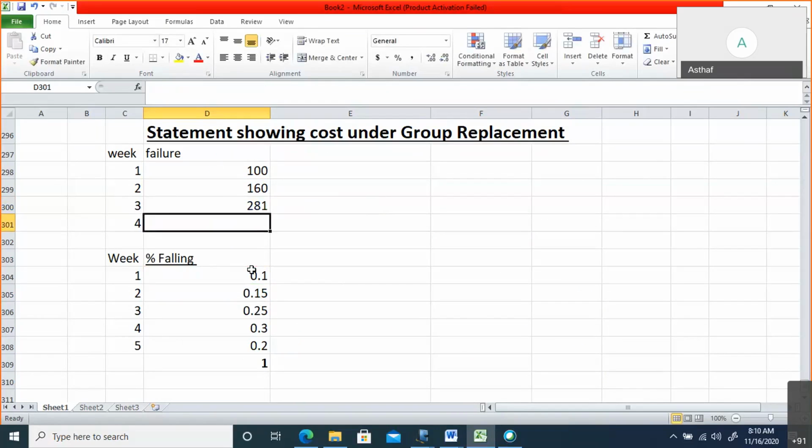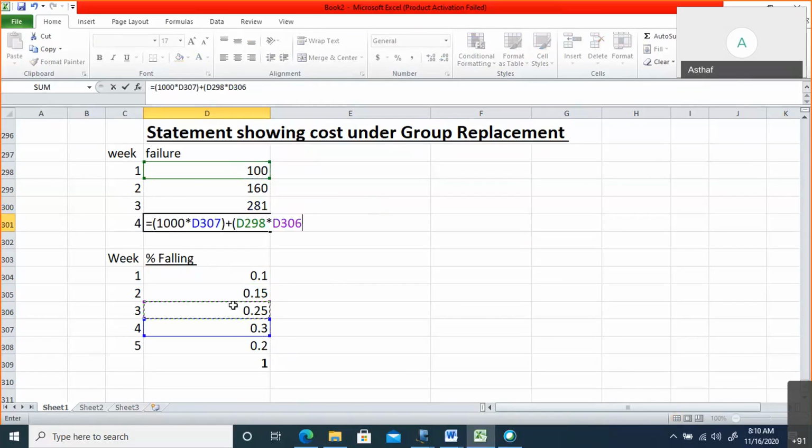Going further is not required up to this, but for your benefit I am doing it. 1,000 now becomes the fourth week, which is 30%. This 100 is week 1 and this is week 4. What is 4 minus 1? It is 3, so 3 we have to take. Then again, 160.